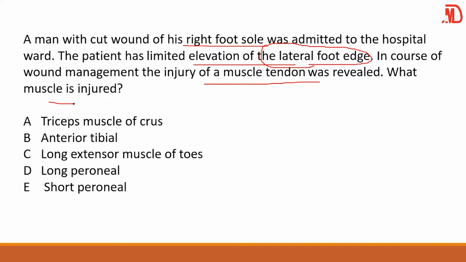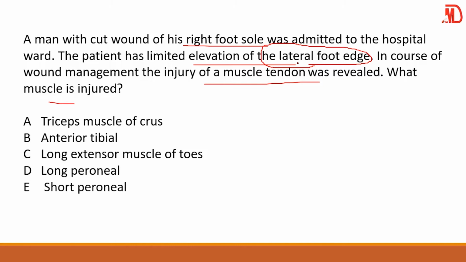And over here, they are telling us that the person is having a problem on the lateral foot. So it's either the long peroneal muscle or the short peroneal muscle. Now, they say in the course of the wound management, the injury of a muscle tendon was revealed. And so what muscle was injured? Like I was saying, over here we're looking at either the long peroneal muscles or the short peroneal muscles.